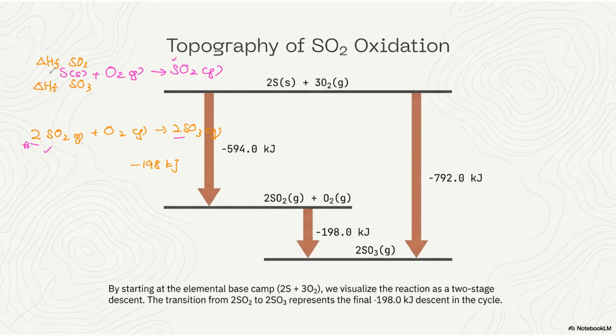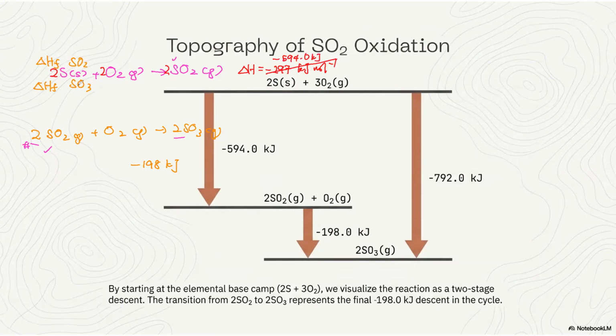So in here, we still keep the originality where this process is an exothermic process, negative 297 kilojoule per mole. So we have to multiply by 2. When you multiply by 2, you get 2 S plus 2 O2 give 2 SO2. So instead of 297 kilojoule per mole, it now becomes negative 594 kilojoule.